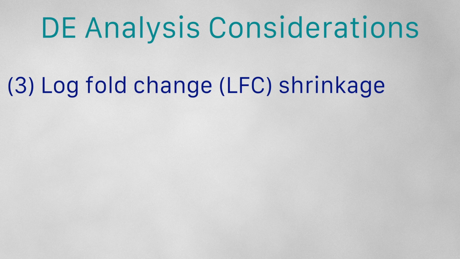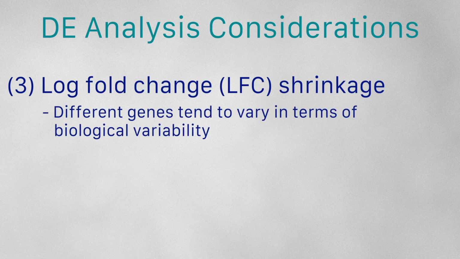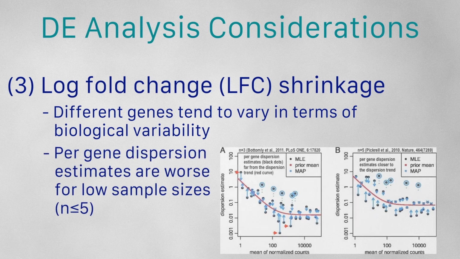The motivation behind log fold change shrinkage arises because of the fact that individual genes will tend to vary in terms of biological variation, such that in cases where we have low sample sizes, gene dispersion estimates tend to be very poor. In addition, the presence of genes that have low non-zero counts tends to misguide fold change estimation.